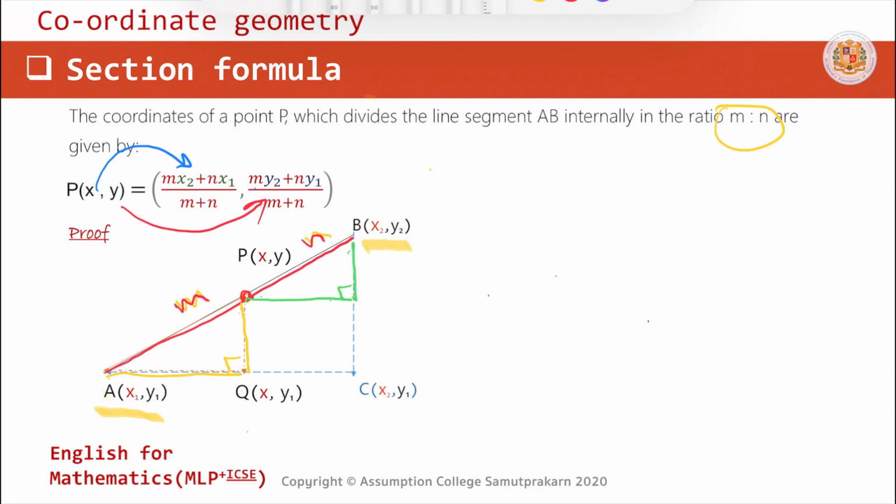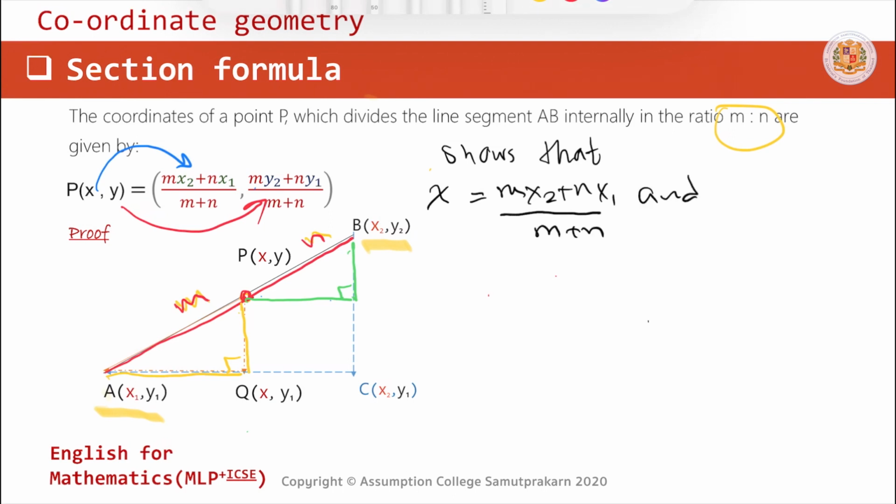First, we're gonna have to prove, so that means we're gonna have to show that x is equal to mx2 plus nx1 divided by m plus n, and the value of y will be my2 plus ny1 divided by m plus n.